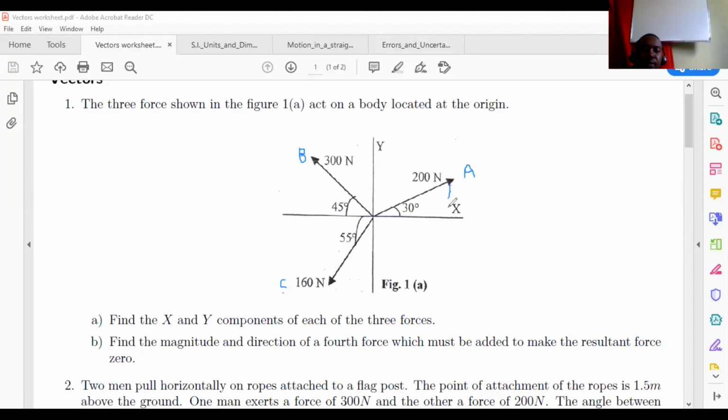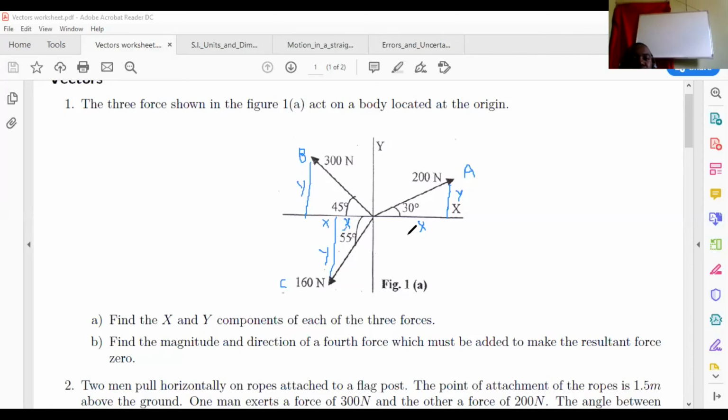We have a triangle there, so this is your y component and this is your x component. We can complete this triangle here, this is your y and this is your x. And we can also complete this triangle here, where this is your x and this is your y.